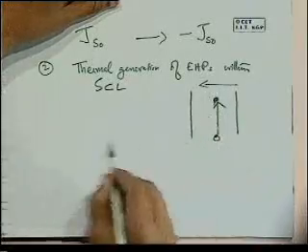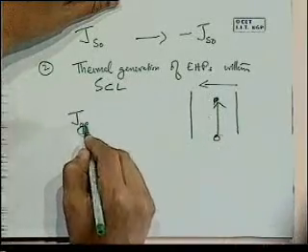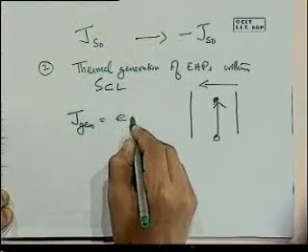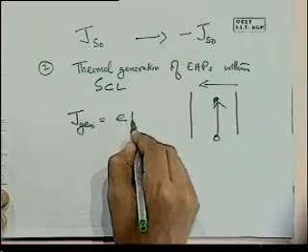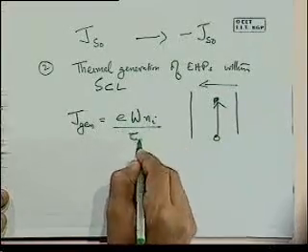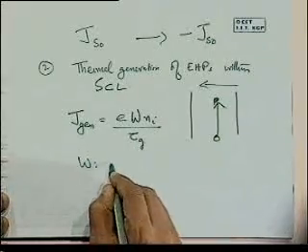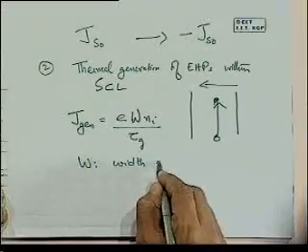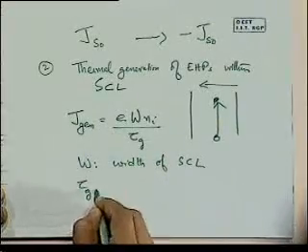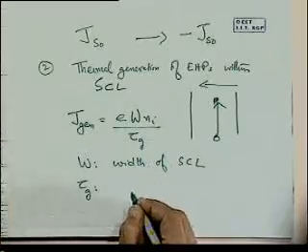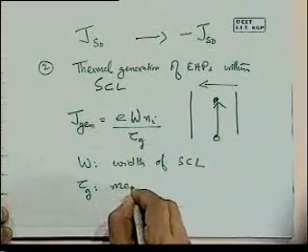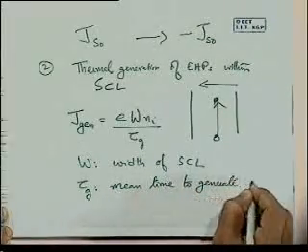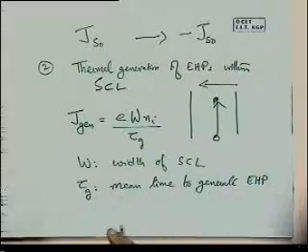So we're going to get a current contribution due to thermal generation, which we will write as J gen. And an expression for that can be written in terms of e W n_i by tau G, where W is the increased width of the space charge layer. We have a larger area, and tau G is the thermal generation time, the mean time to generate one EHP within the space charge layer.